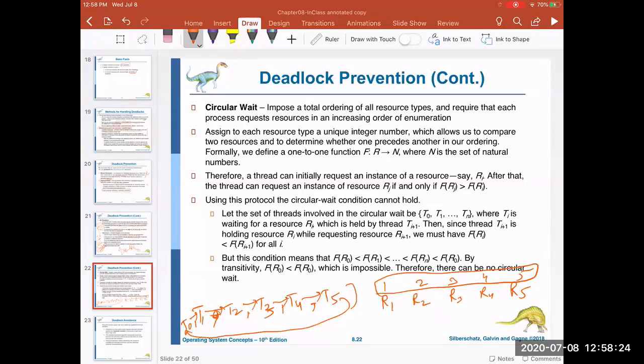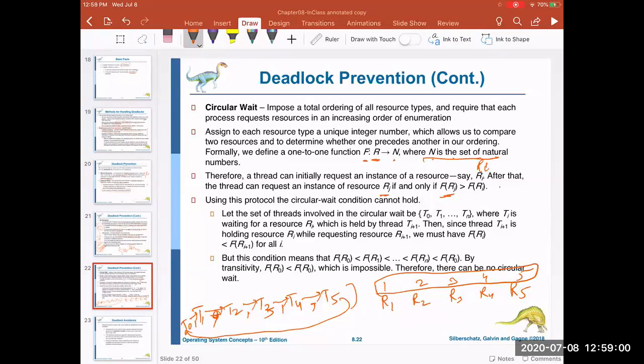So formally, we define a function which assigns each resource a number, where N is the set of natural numbers. A thread can initially request an instance of a resource, say Ri. After that, a thread can request an instance of Rj, the next resource, only if the number of Rj is greater than Ri.